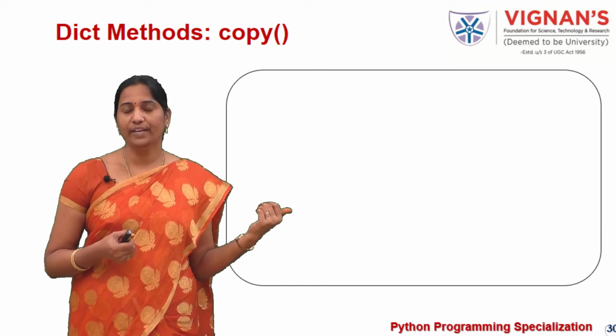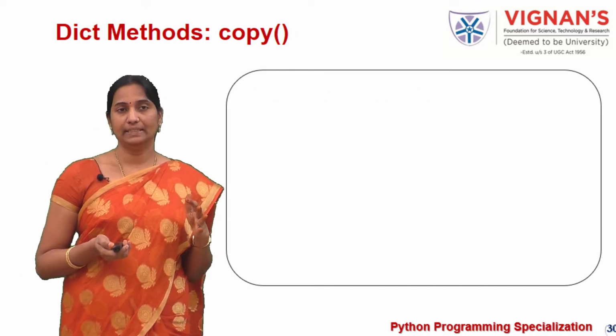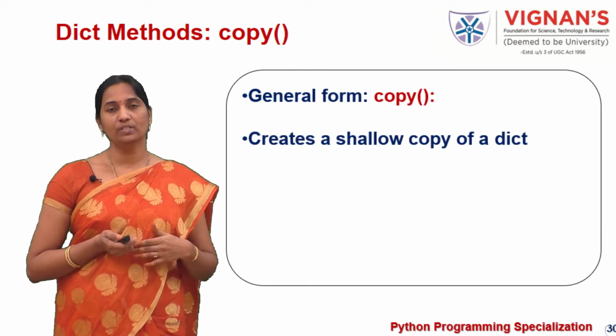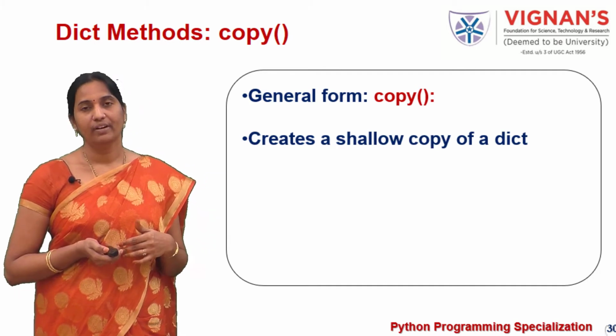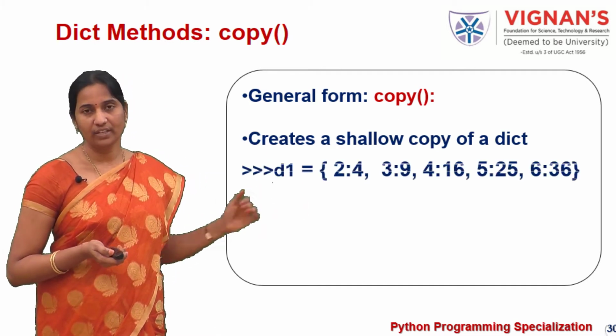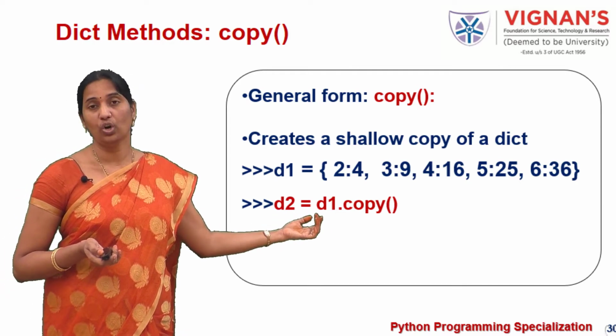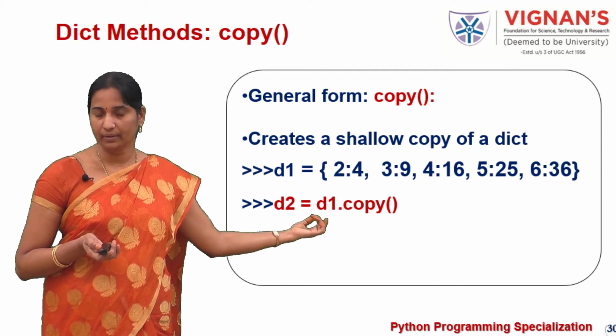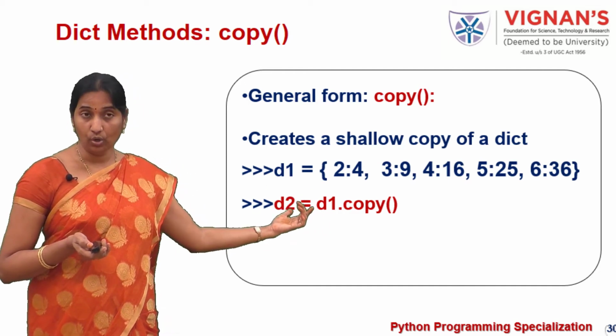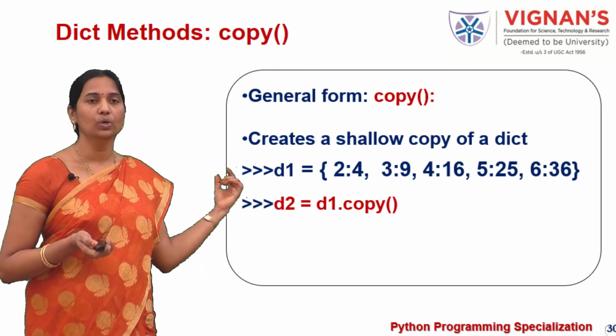Now let's see how we copy a dictionary to another dictionary. Copy is the method which allows us to make a shallow copy of a dictionary. This is a dictionary D1, and I am going to create a shallow copy of this by using the copy method. D1.copy(), I am calling, and it creates a shallow copy of D1 and assigns that to D2.